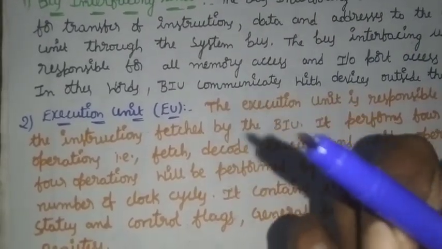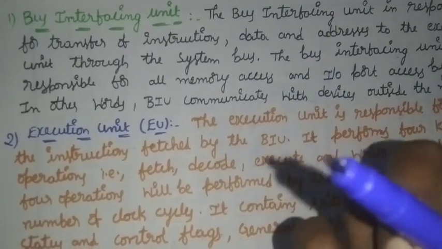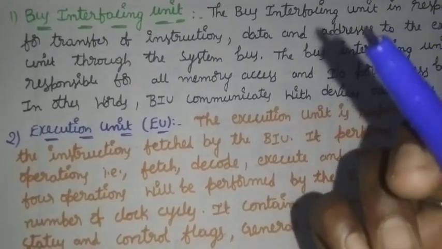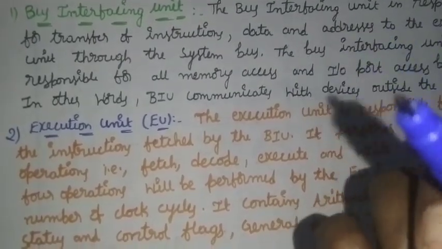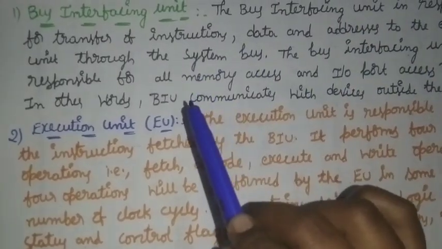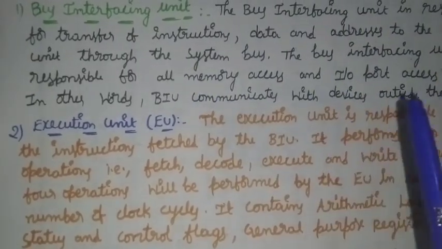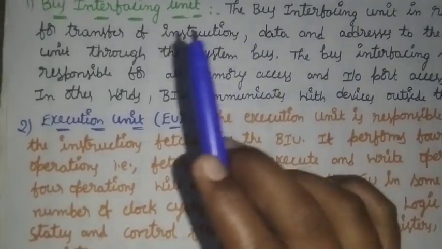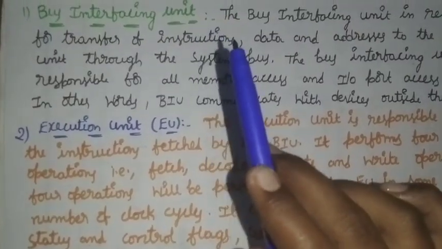So this is one unit in the 8086 architecture, and the BIU communicates with devices outside the microprocessor. This is about the bus interfacing unit.